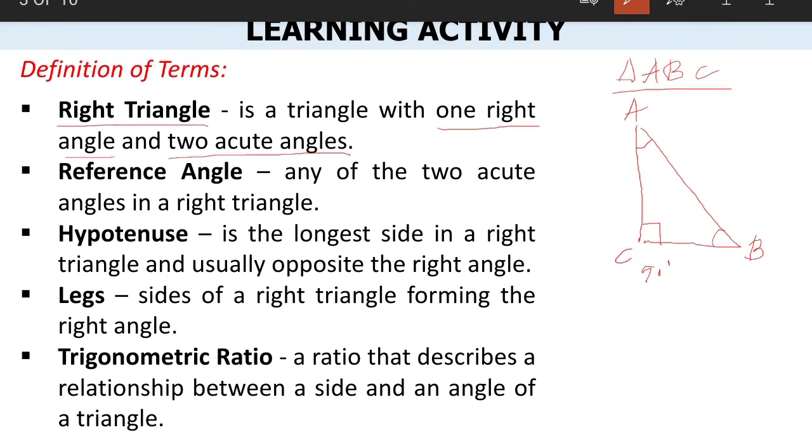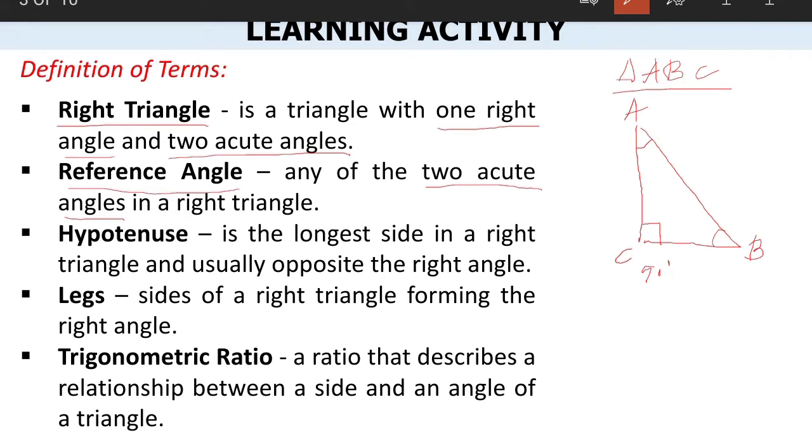Now, let's have reference angle. A reference angle is any of the two acute angles in a right triangle. Since triangle ABC is a right triangle, any of the two acute angles of this right triangle can be a reference angle.